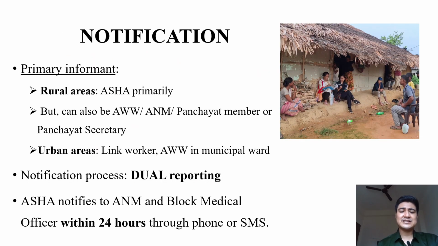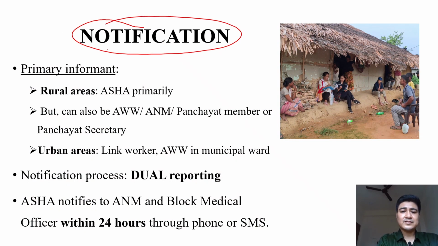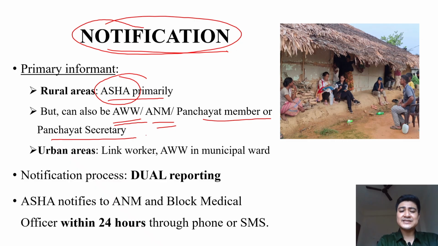Moving on to the next slide, in detail, how the notification is done. In case of rural areas, the primary informant is the ASHA. It can also be an Anganwadi worker, ANM, Panchayat member or Panchayat secretary. In case of urban areas, it is the link worker or Anganwadi worker of the municipal ward.